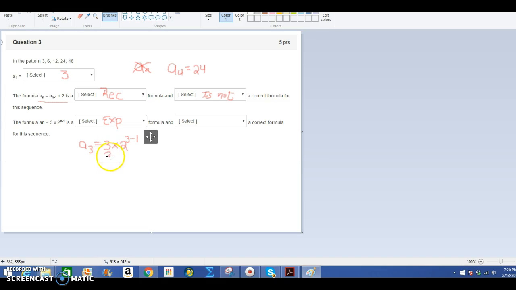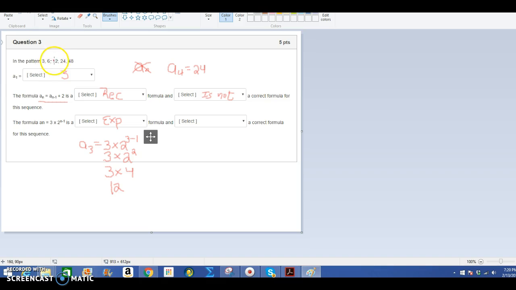So, order of operations, folks. This is 3 times 2 squared. That's 3 times, this is critical, 4, using order of operations. So 12. Is the third term 12? Yeah, it is. Seeming correct.